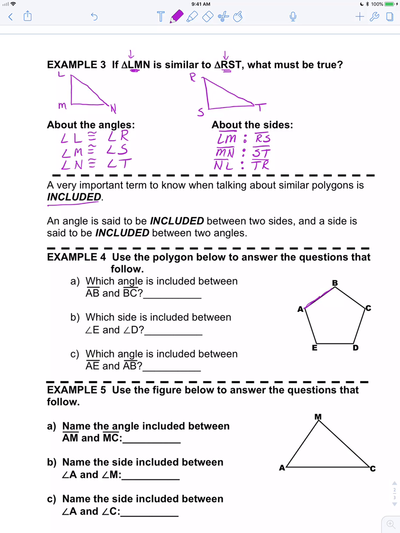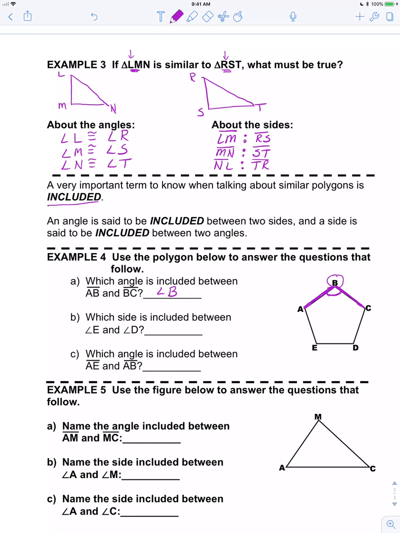Here's AB, and here's BC. So what's the one angle that both of those are touching? Well, it's angle B, right? It's going to be this one right here. So that angle is included between those two lines. So they all have to be what's touching. So we're going to say angle B.